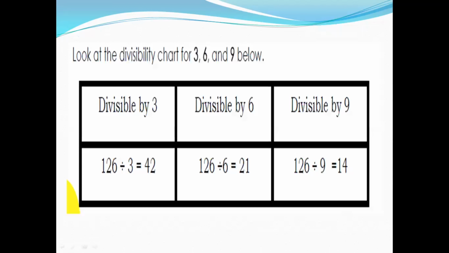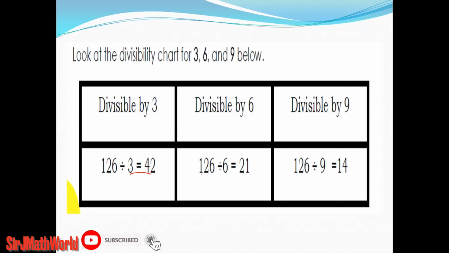Okay, so look at the divisibility chart for 3, 6, and 9 below. So, si 126, when we divide it by 3, we will get the quotient of 42. So, 126 divided by 3 is 42. Next, can we divide 126 by 6?